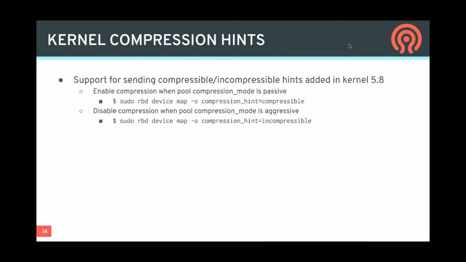You can disable compression if compression mode on the pool is set to aggressive. This is useful if an image is, for example, encrypted, because there's no point in attempting to compress it.